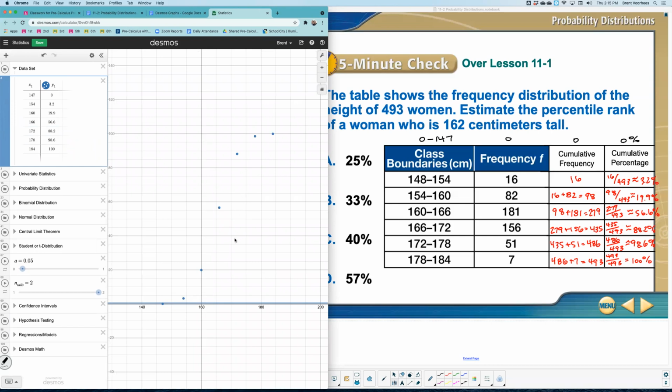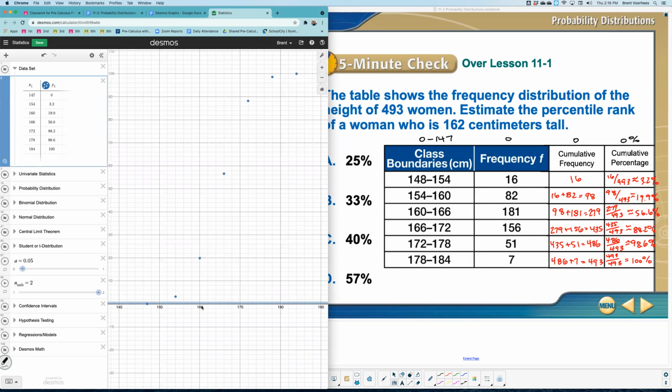If I wanted to estimate specifically at 162, I'd be looking on this line here, which it seems to me it'll be just between, if this is 80, 85, 90, 95, 100, somewhere between 80 and 85. So on my percentages, oh wait, sorry, that's 170, that's 165.